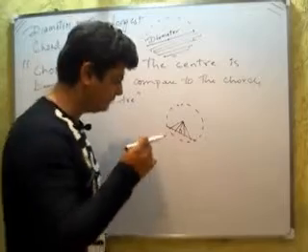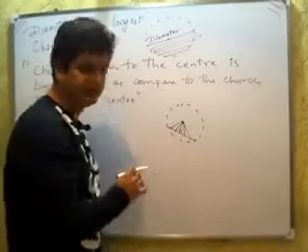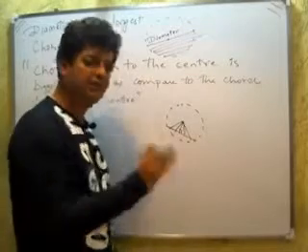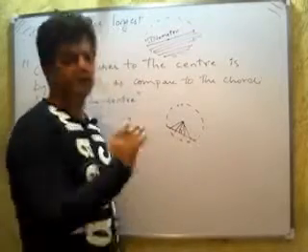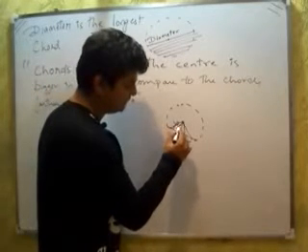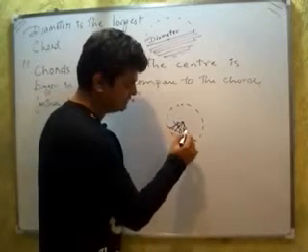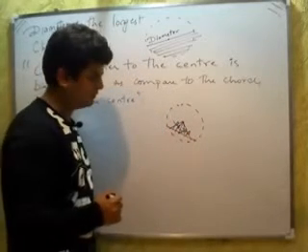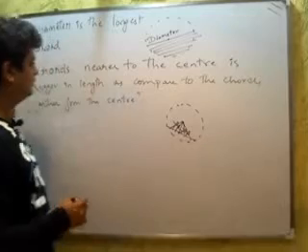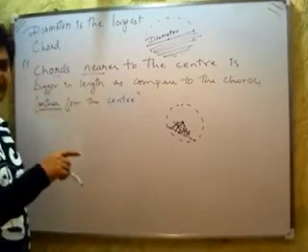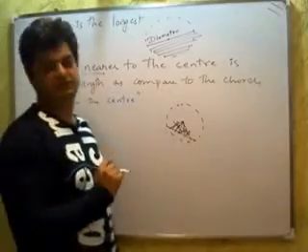But this is a basic funda in mathematics, that we always measure the distance between a point and the line through the perpendicular. So we will ignore these distances, but we will confirm this distance. Am I clear?